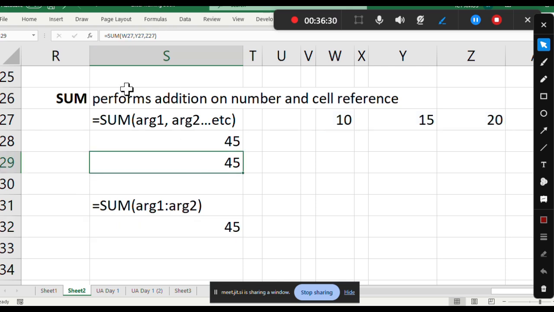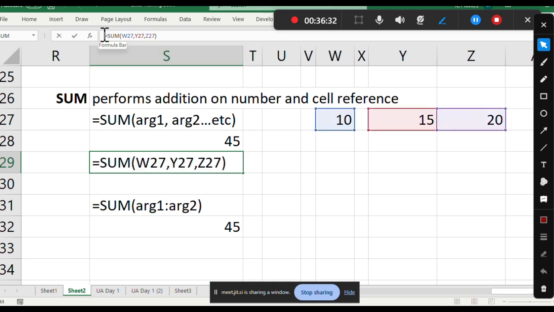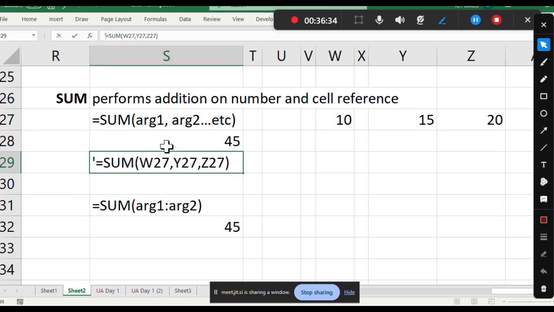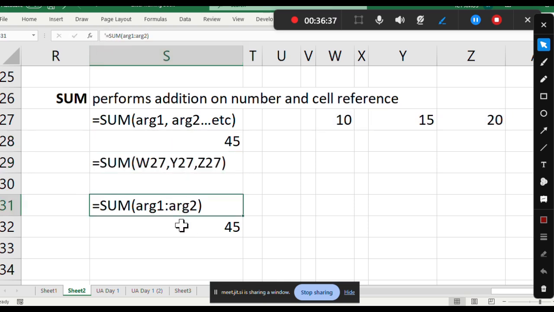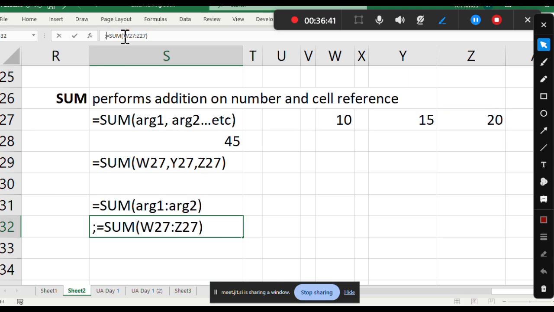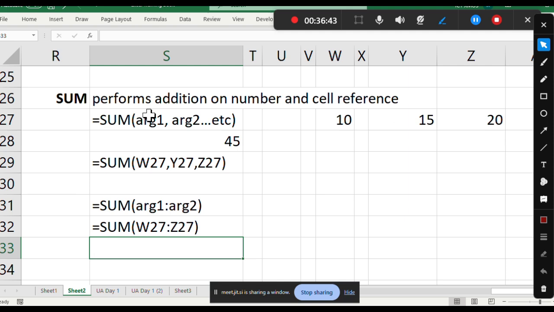Let's look at the difference between this formula and this one. Can you tell me what the difference is?